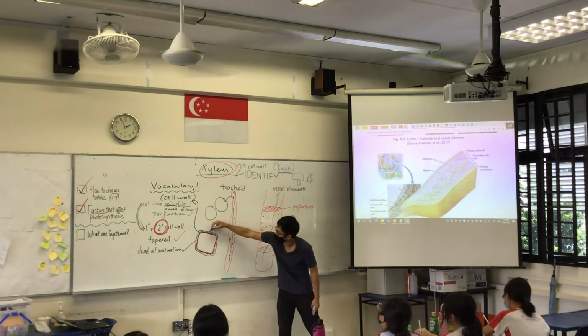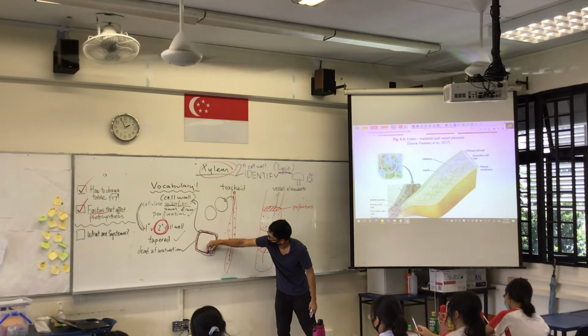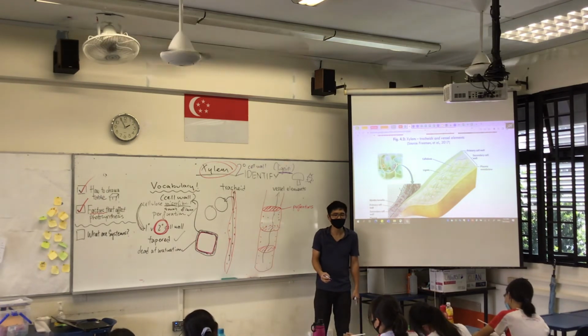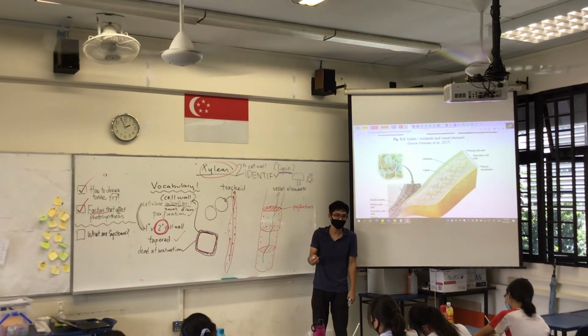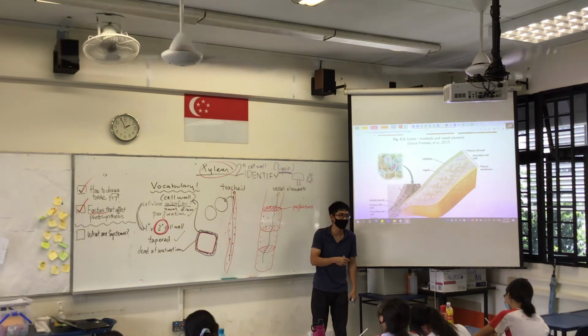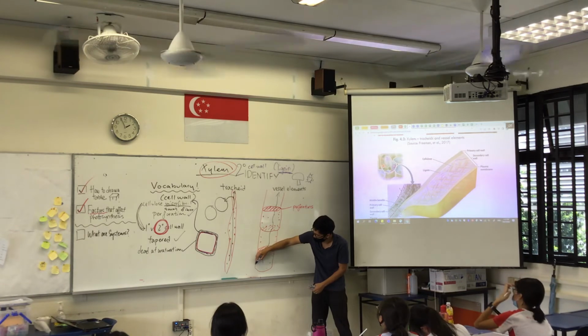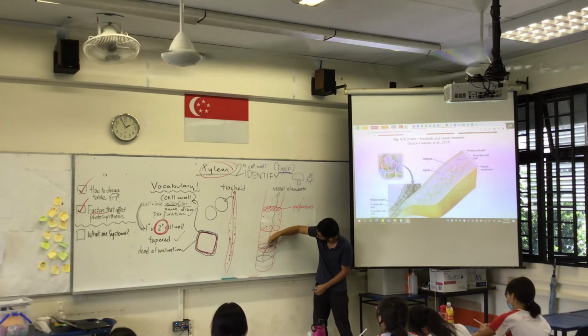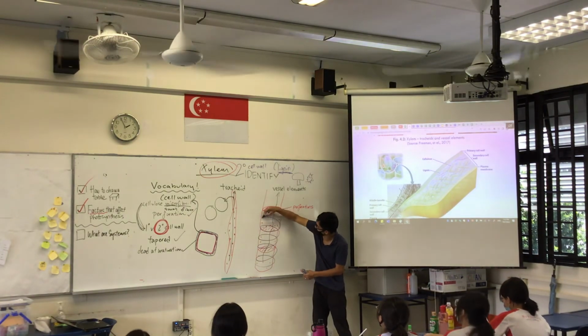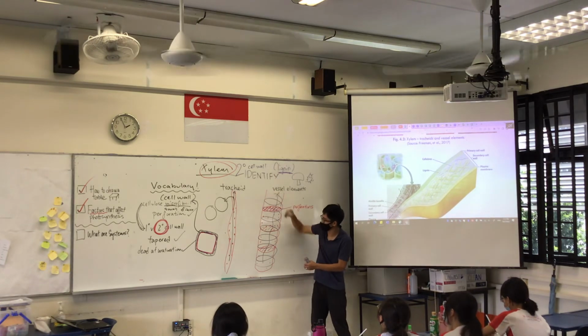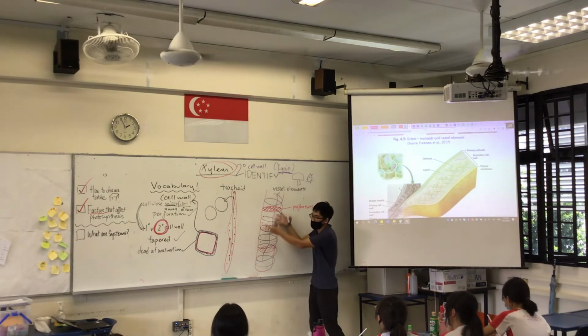Lignin is found in the secondary cell wall. Very often, if you get the privilege of looking under the microscope, maybe next week, I want you to spot how lignin is deposited in the secondary cell wall. Sometimes it's deposited in a very spiral fashion. Imagine the lignin isn't just patched up all the way.